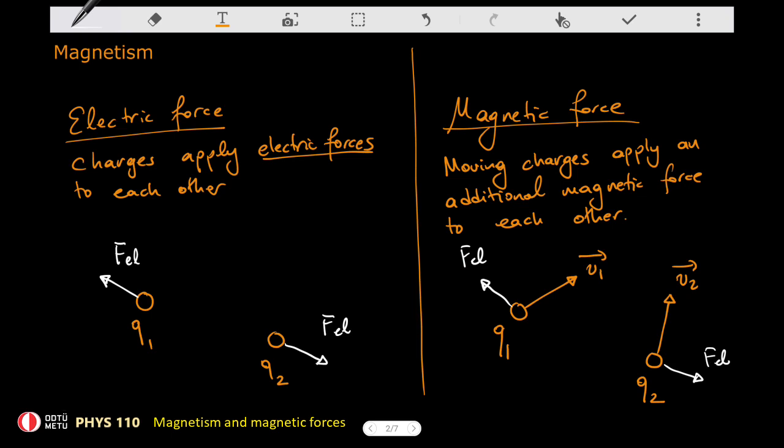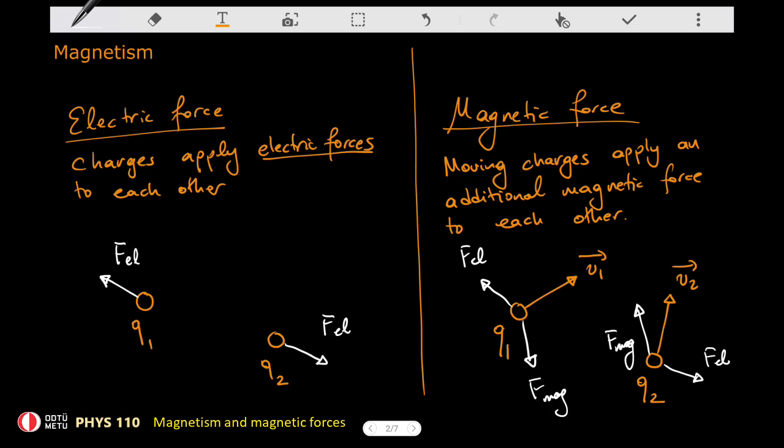But in addition to that, when these charges are moving, there's an additional magnetic force. I'm going to show them like that. So there's also an additional force in here, which we call the magnetic force. I also draw both forces again.